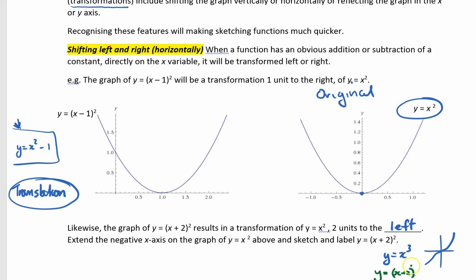Now, plussing the 2 moved it to the left, subtracting a number put it to the right. So now this cubic should be moved back 2 units and maintain exactly the same shape. So back 2 units, same shape as your original cubic, which went on down here and on up there.